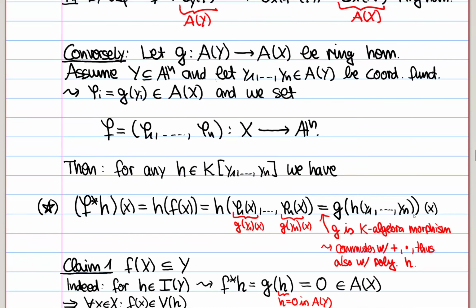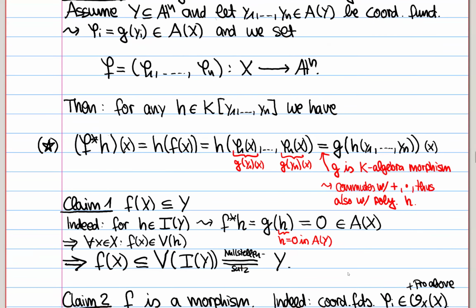And then the evaluation at the point x comes at the end. So that was a crucial step here. Here we used that G is a K-algebra homomorphism, and this allows us to draw this G out. That's a crucial equation, and it tells us all the things we want.